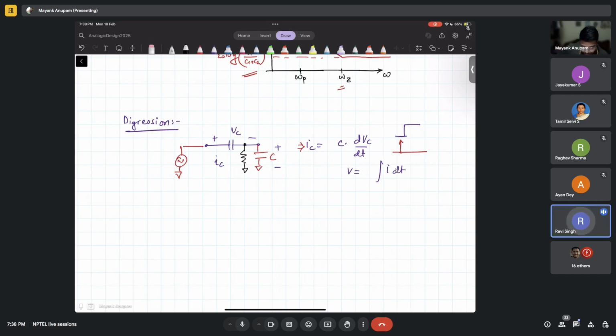No, I think because the presence of the capacitor wouldn't let the voltage become infinite. Because it will charge.